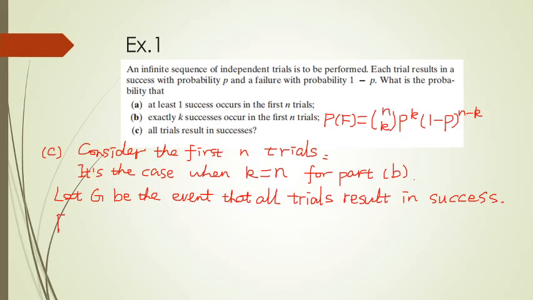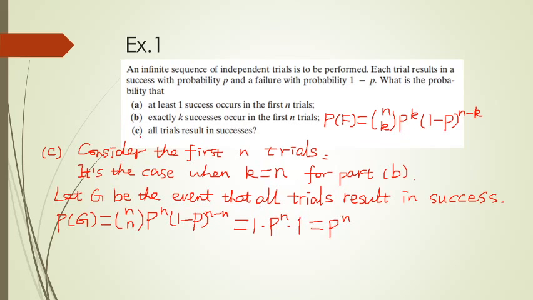So that will be the probability of event G when k equals n. That will be n choose n, p to n, 1 minus p to the n minus n. Of course, n choose n is 1, you only have one combination, you choose all of them together. Times p to the n times 1 minus p to the exponent 0, which is also 1. So p to n.